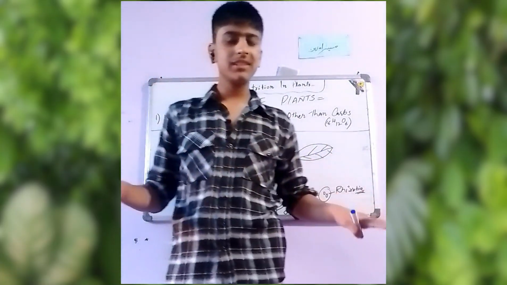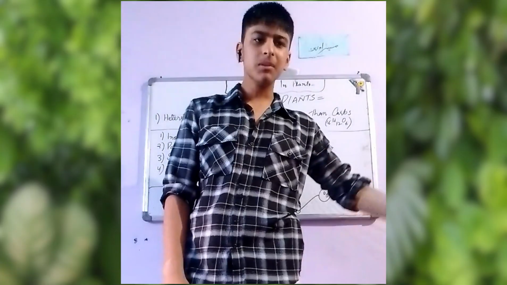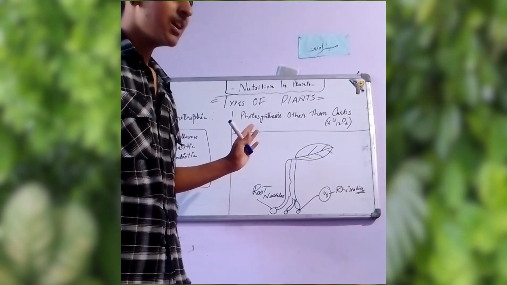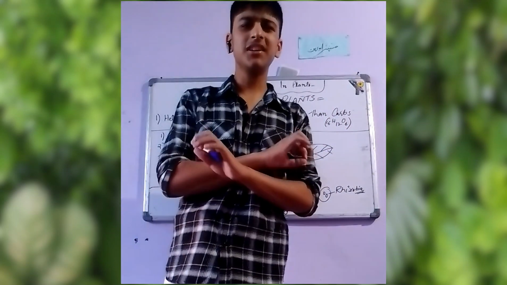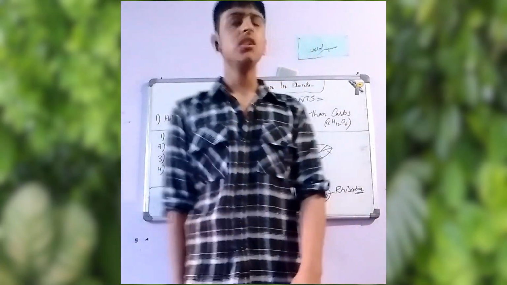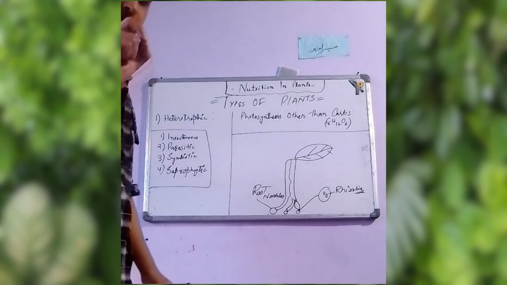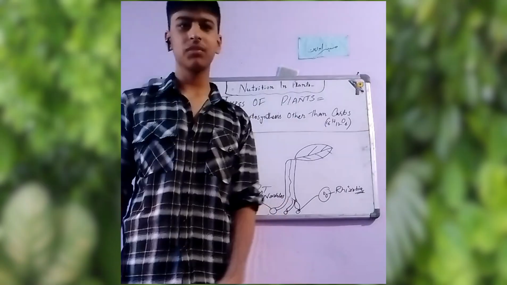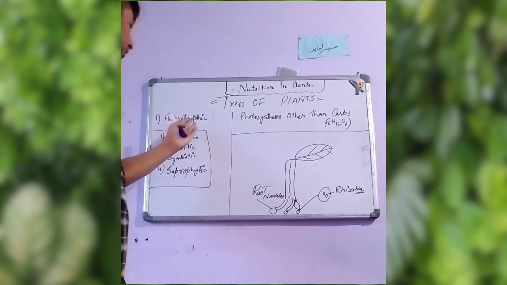So animal is a kingdom. Similarly, plants are categorized in different categories. There are some plants which are very crucial to understand, that are heterotrophic plants.